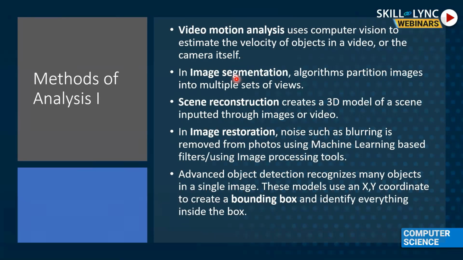If we apply this image segmentation to a stack of images, a lot of images, we can also do a 3D construction, or scene construction. We have a lot of images and we are performing image segmentations.